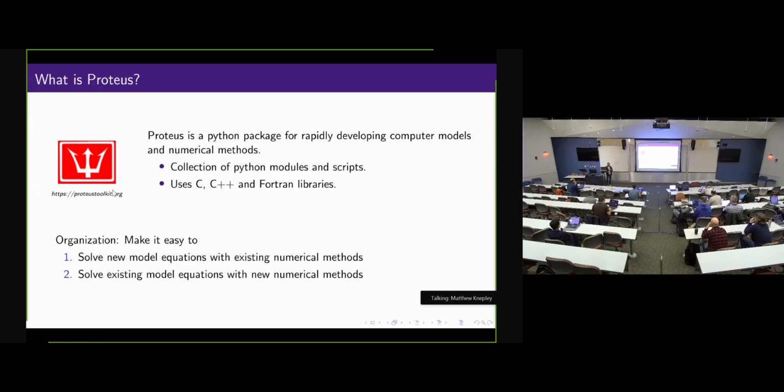Using this design philosophy, a typical Proteus example that you can run has two different Python files, one that describes your physics and another that describes your numerics, and you use a script to run the code. I'm going to show that in the next slides. So it makes it much easier to understand the existing code, and it makes it easy to write new examples that you want to do.